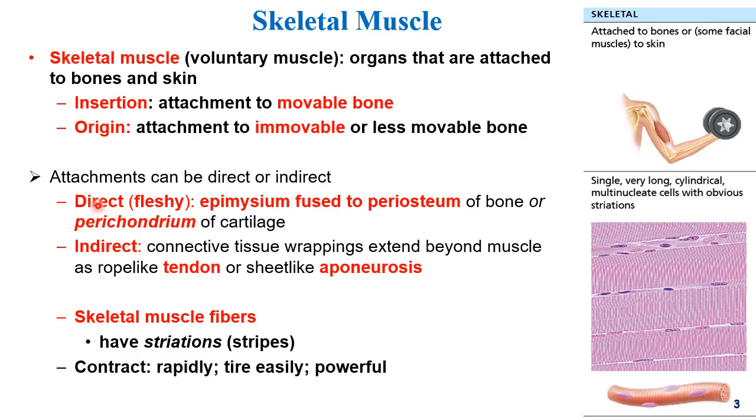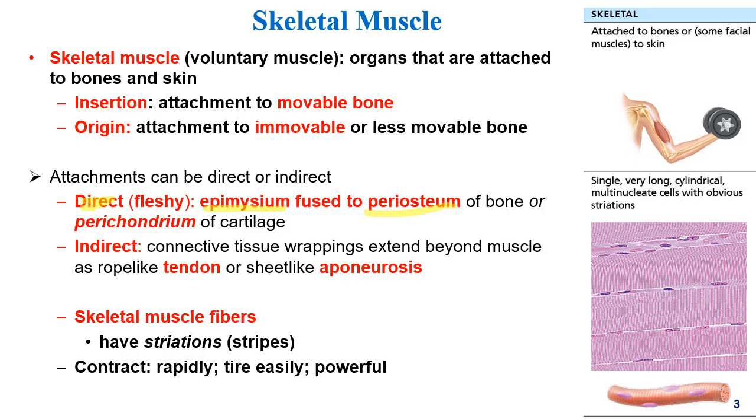So when you're talking about direct connection, what you're going to see here is the connection of the outer fiber that covers up the muscle directly to the fiber that covers up the bone. So in a direct connection, you are going to have the epimysium from the muscle that is going to really get together and fuse to the periosteum of the bone, in case it is connecting to a bone.